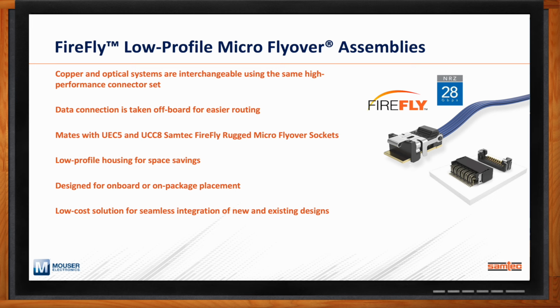I can drop in the optical Firefly, not even change the system design, and then you can go from purely electrical to an E to O conversion with our easy-to-use Firefly optical transceivers. Both on the copper side and on the optical side, we also have a wide variety of end options.